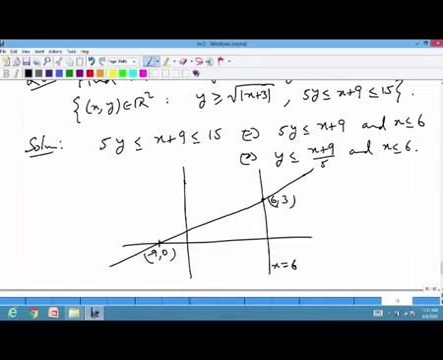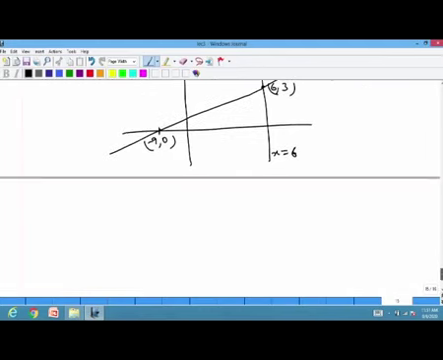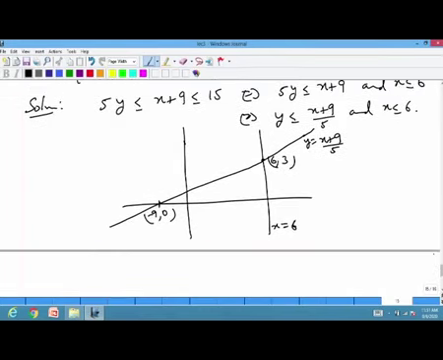This is the straight line y equal to (x plus 9) by 5. So, y less than or equal to (x plus 9) by 5 is the region below this line, and x less than or equal to 6 is the region to the left of the line x equal to 6. So, this gives this region which is bounded between this.